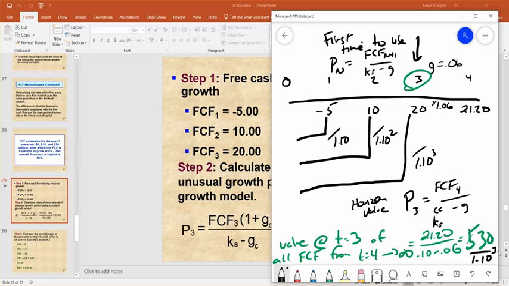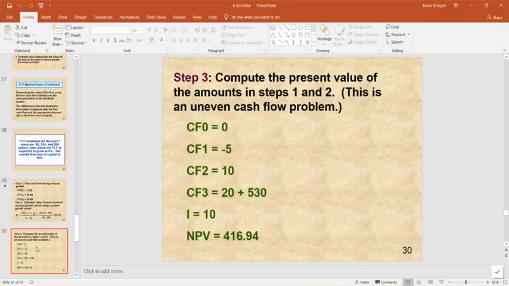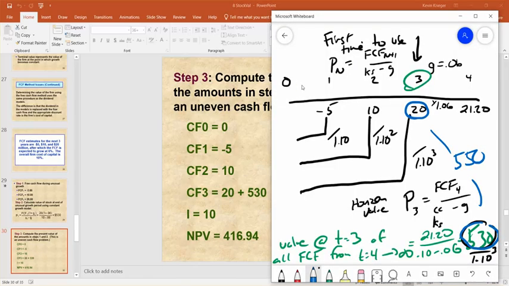Now, of course, 530 plus 20, both of those numbers are at time 3, so the grand total is 550. If you're going to use your calculator and the NPV shortcut, you need to put in 0 again for the first cash flow, because the cash flow already generated is not part of the calculation here.